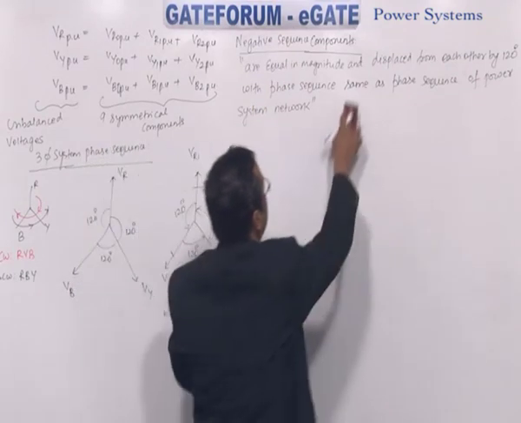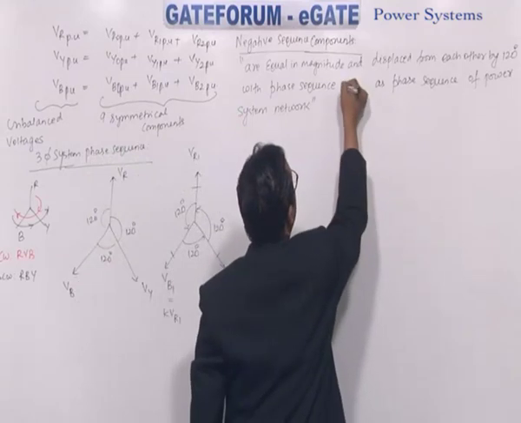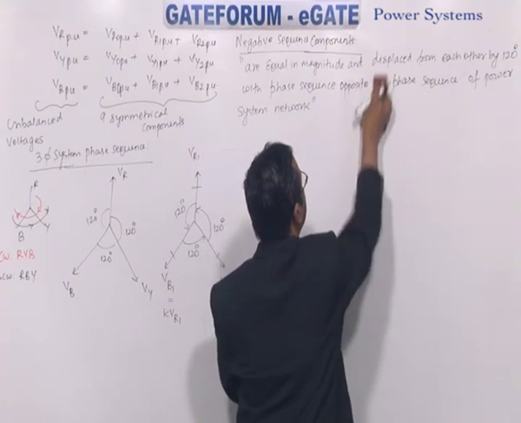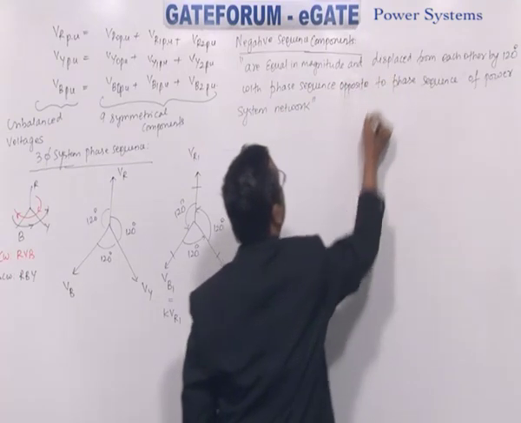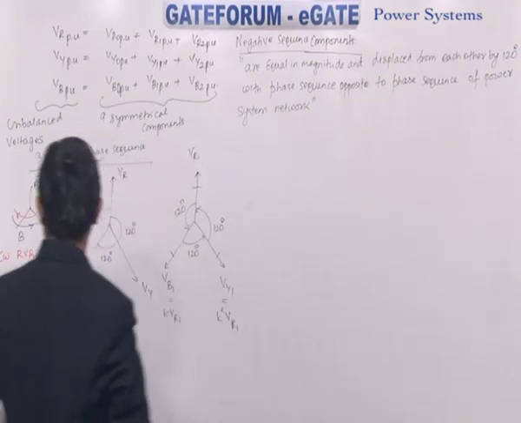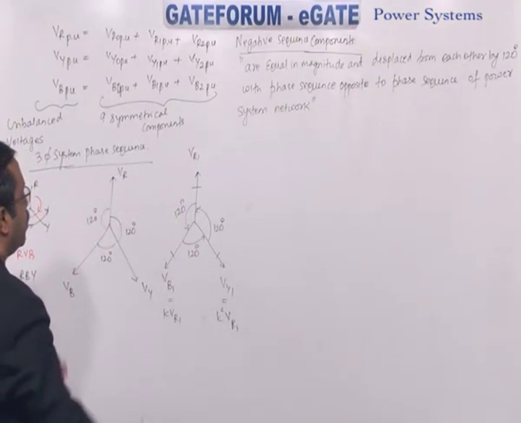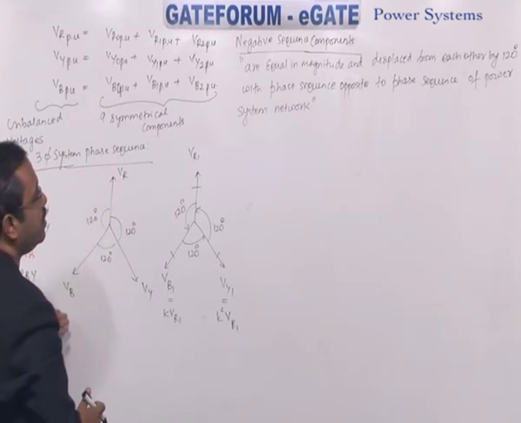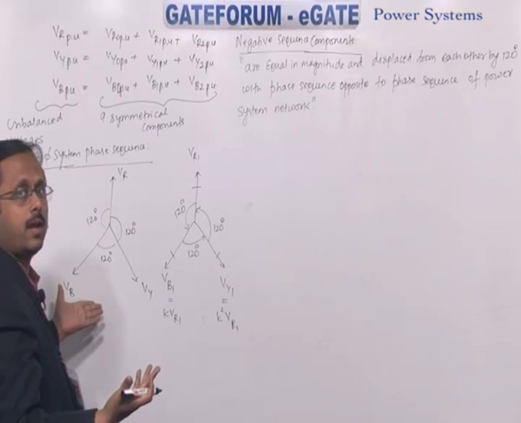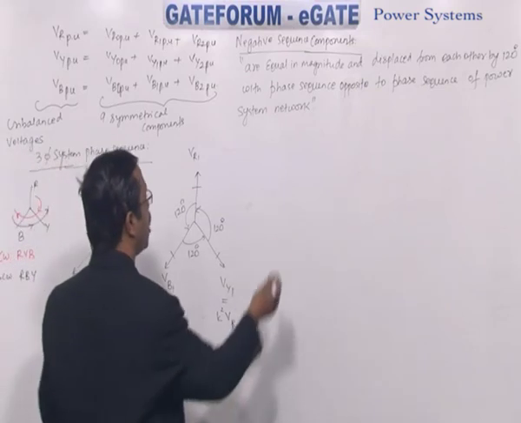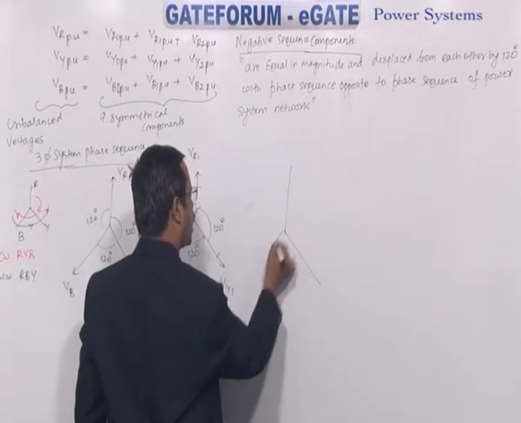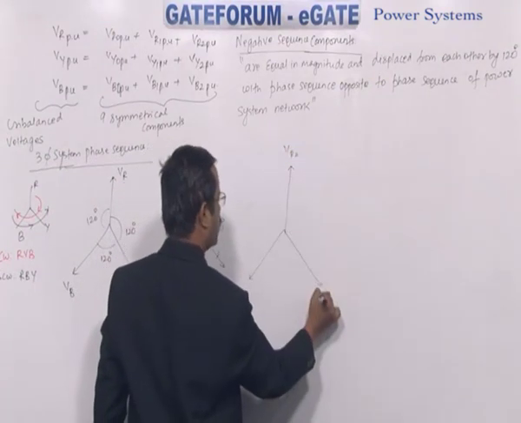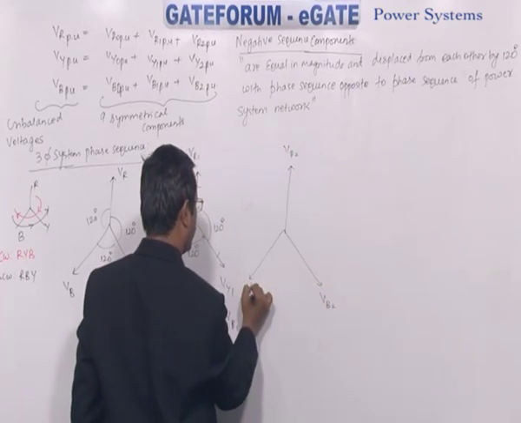With phase sequence not same, opposite to phase sequence of power system network. So power system network phase sequence is RYB. Opposite to that what you will have? RBY. So it is VR2, VB2, VY2.